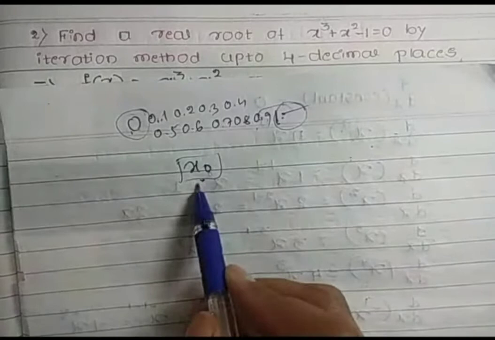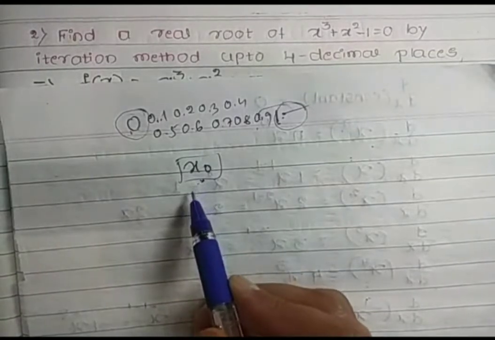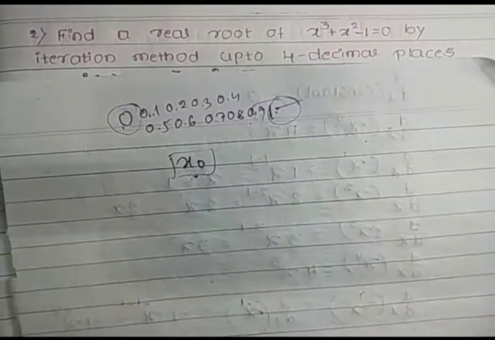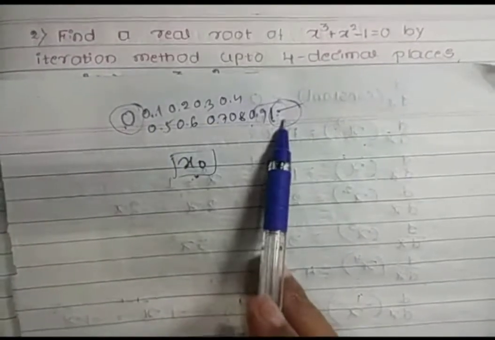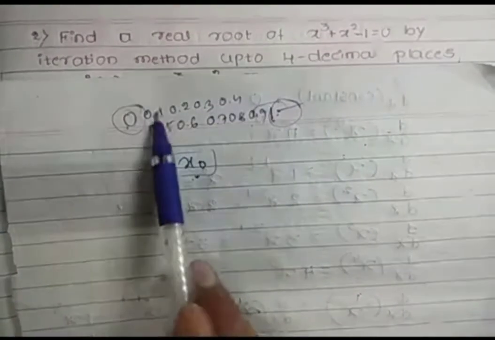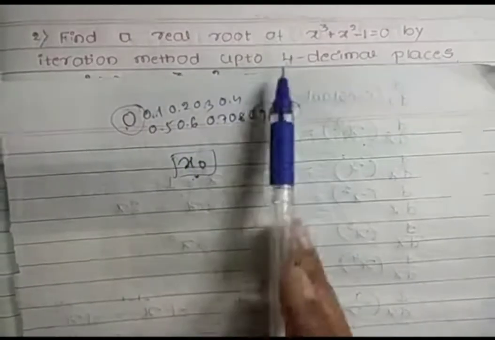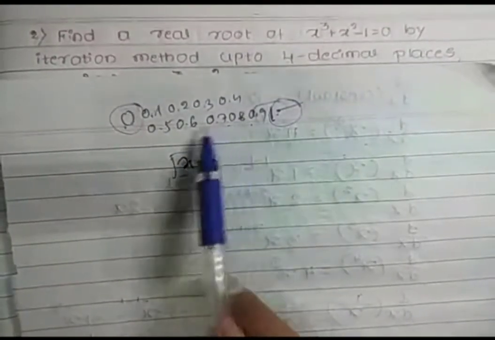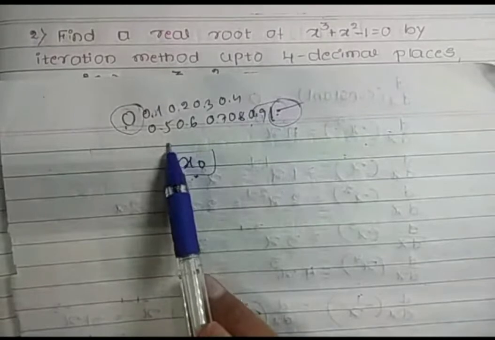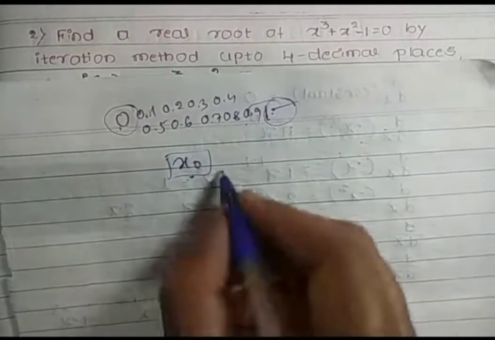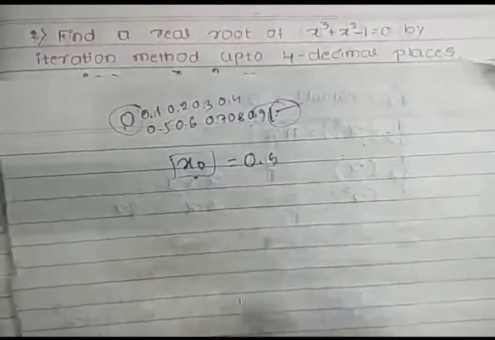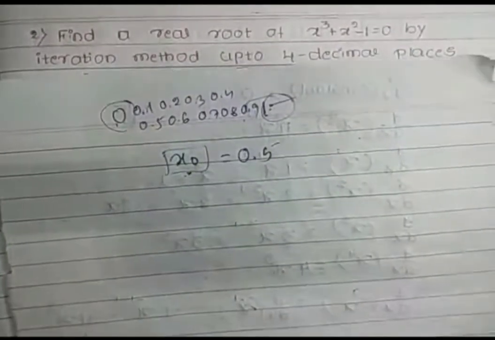So as the x naught value, which one can we consider? You can consider any value which lies between 0 and 1. We don't have any restriction. You can consider 0.1, 0.3, 0.8 or 0.5 to calculate the required root. But better, every time we consider 0.5, which is between 0 and 1.